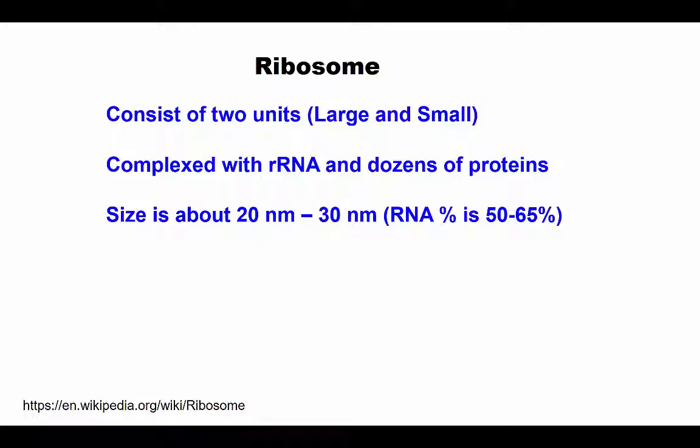The important thing here is the content of the ribosome. The main component is not protein, it's RNA. If you think about the function of the ribosome, it is the catalytic machinery to make a protein. In a sense, that's the most essential function in life forms.